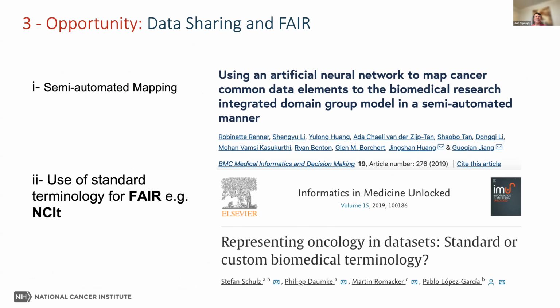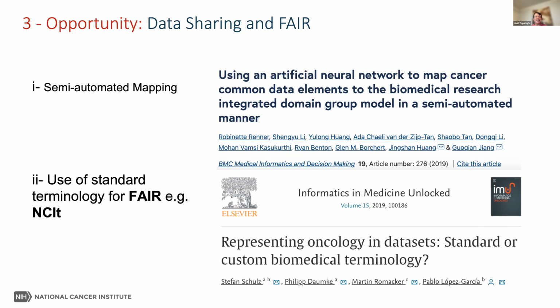So what are the opportunities? Of course, the semi-automated mapping, and Rabinat here has worked on some of that work, and she can explain more in detail if there are questions, but there are some ways to take advantage of semi-automated mapping. And we also like to emphasize the National Cancer Institute Thesaurus, NCIt.